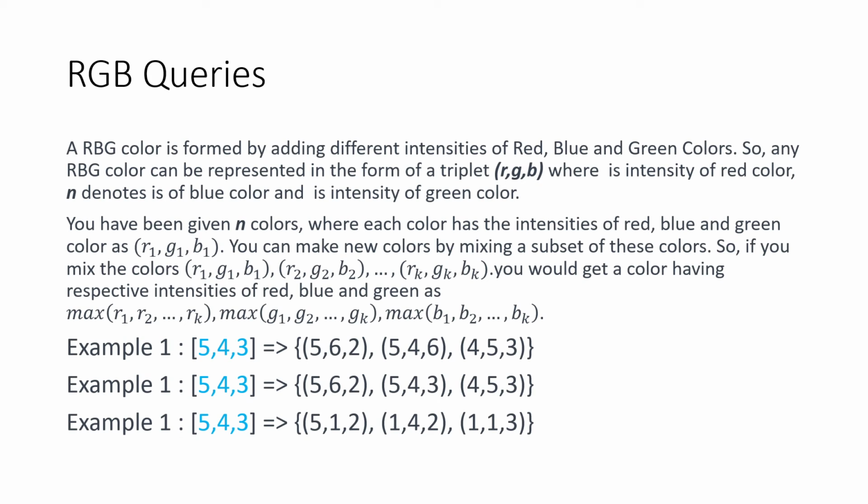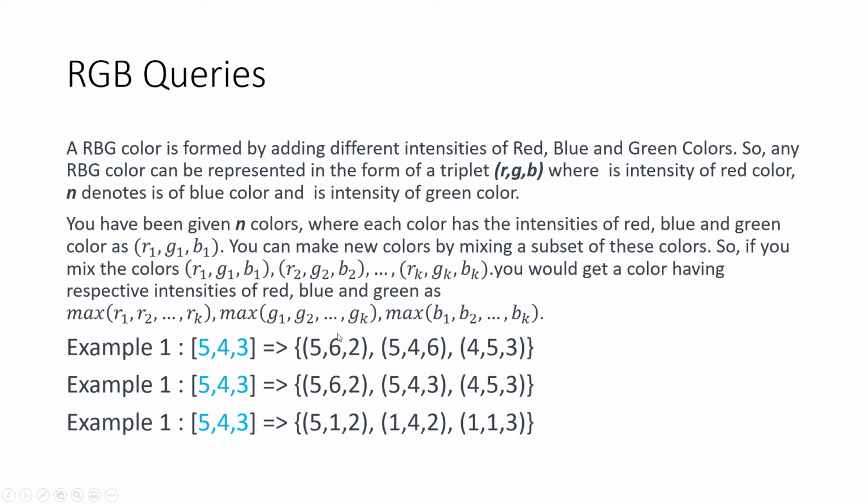So what we can do is store these colors as a map. When we store this color, we keep 5 as the key and this color as a value. Our map is a map of lists, so we have a color list against this number.